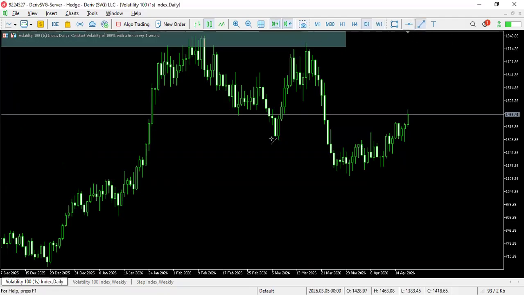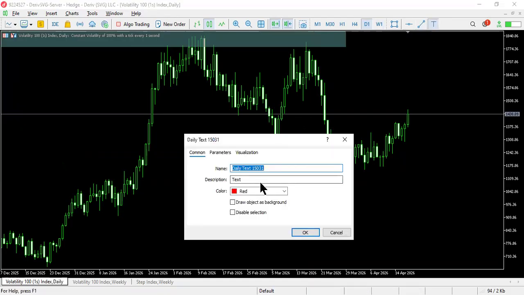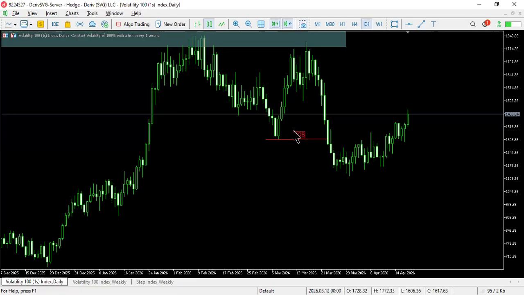From the daily time frame, we have this break of structure. So we have a break of structure right there. We have a break of structure, and then we also have this internal break of structure.